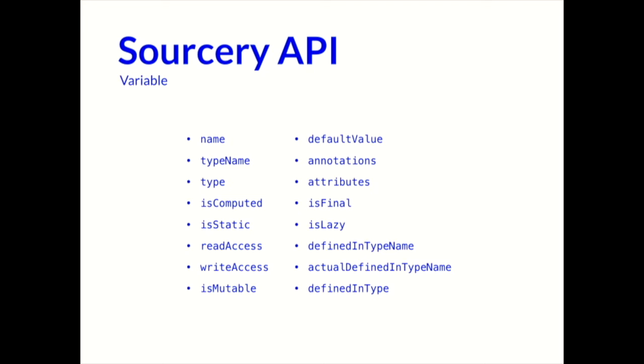So you can ask a variable things like, is it final? Is it computed? Is it static? And so I would emphasize again, if you want to pursue Sourcery, it actually has really great documentation. It uses Jazzy Docs. If you're familiar with other services that use the Jazzy documentation engine, it's really nice to read and parse.